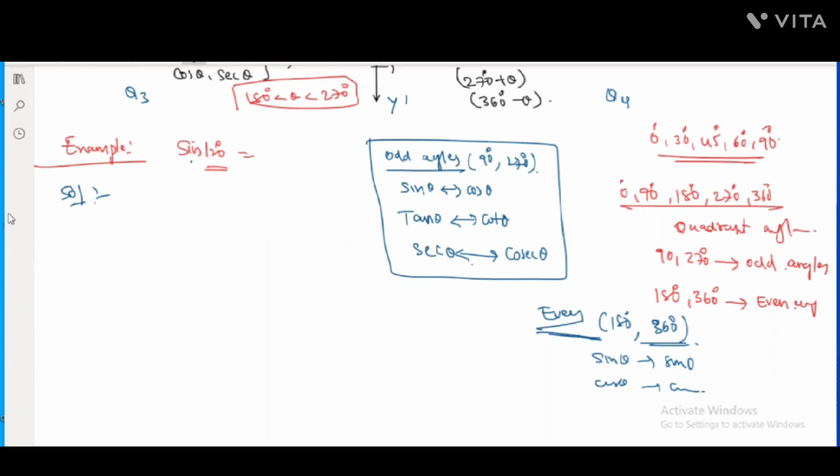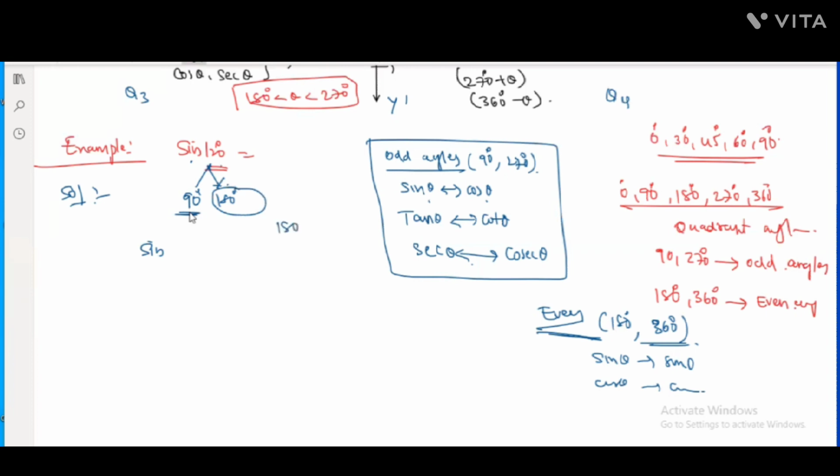For 120, 90 and 180 are the nearest quadrant angles. But I will not prefer 90 degrees, because if I take 90 here, I have to change sine to cos. So I will always take the easiest one. How can we write 120 in terms of 180?